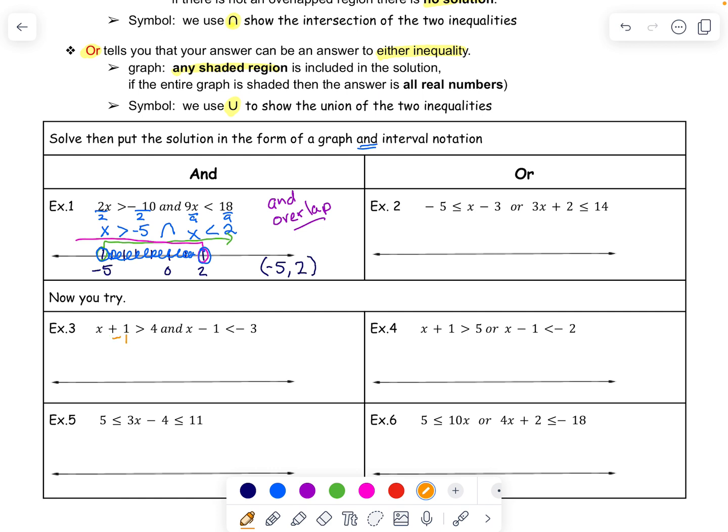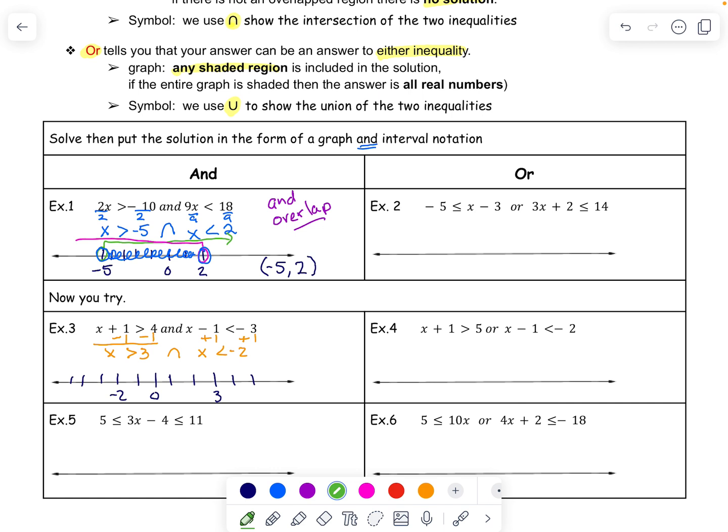So welcome back. So we're going to have minus 1, and we're going to have x is greater than 3. And then we're going to add 1, and we have x is less than negative 2, and it's an and, so it's an intersection. So we put our values here. Here's 0, negative 2, and then 1, 2, 3, 3.